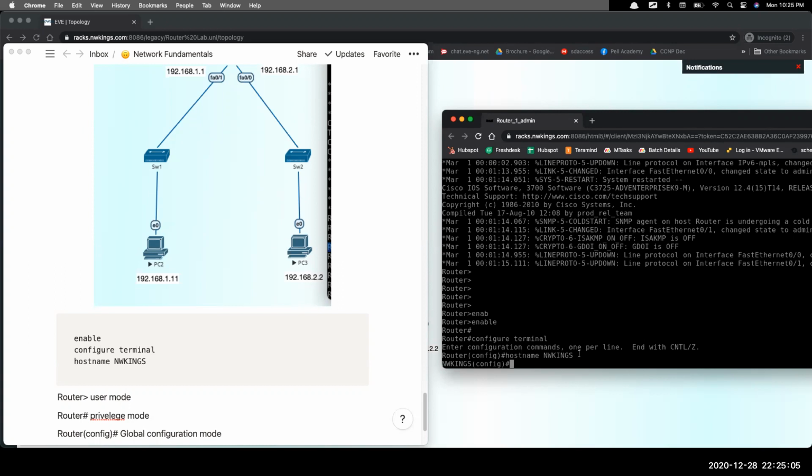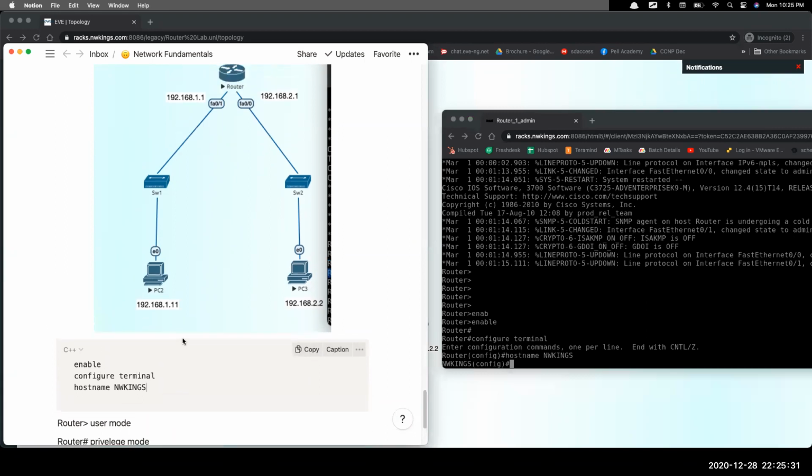But in normal Cisco devices, whenever you do any change, it will not ask you to save the configuration. Whenever you type any command, it automatically changes. I have given the command hostname nwkings and you can see the prompt here, nwkings, right?